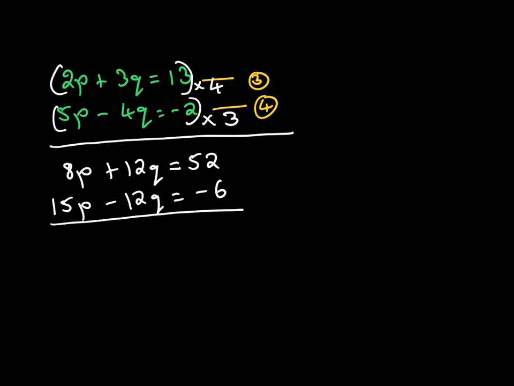Then we add both the equations. 12q and minus 12q cancel. Now we are left with 23p is equal to 46. So p is equal to 46 over 23, which is 2.